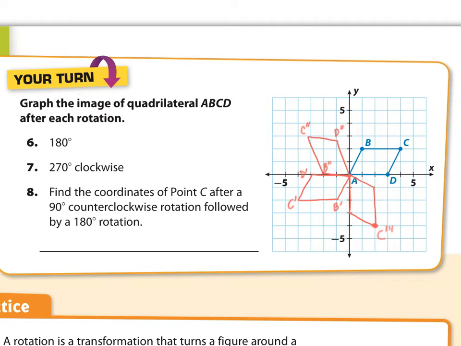Okay, so this one, it's a little bit difficult for me to move these nicely. So that's probably a little bit more accurate now because I know that B double prime should not be on the x-axis. So now it looks a little bit better. So, but it looks kind of like that, kind of like a pinwheel almost when I put all those on there. Okay, and that is the end of this lesson.